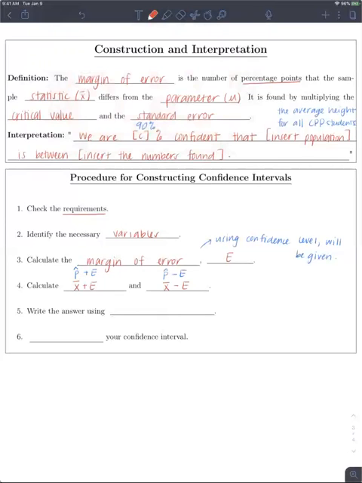And then your confidence intervals should always be given in interval notation. And the very last thing is to interpret.